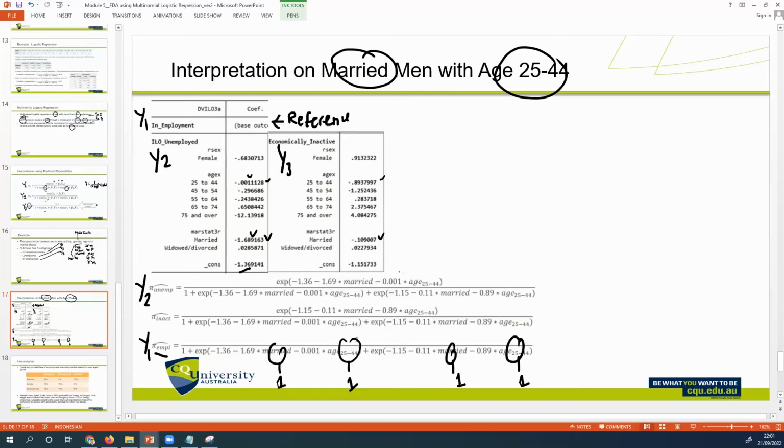So if you are married, it is 1, your age is 1, this is 1, this is 1, plus this is 1, this is 1. So what is the probability of Y2?